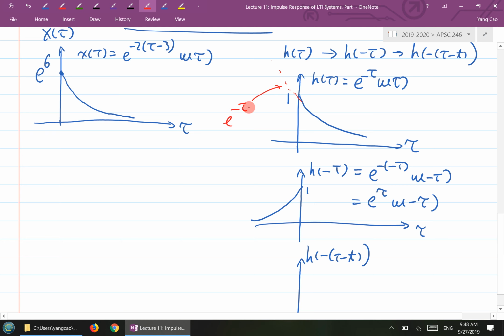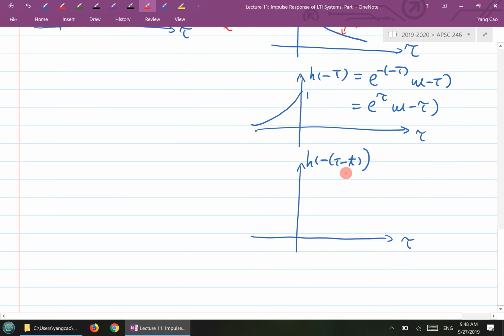If I give you just the blue one, and you also know that for any points here, here, here on this part of the curve, the value of the point is given by e to the power negative tau. So even though you do have the u here, the u is just indicating it's a causal signal.